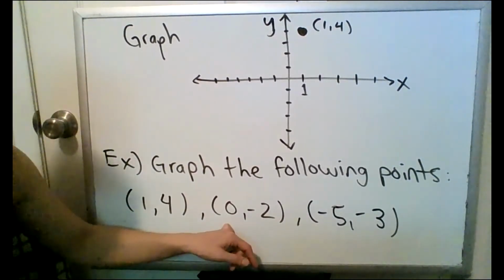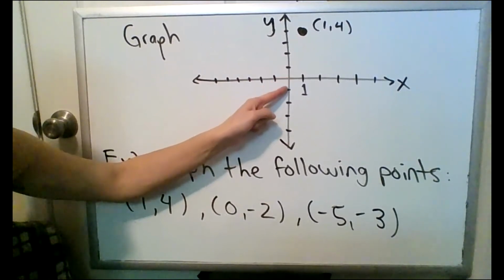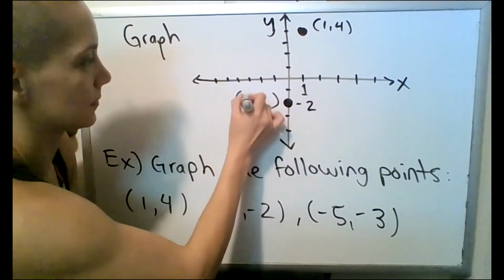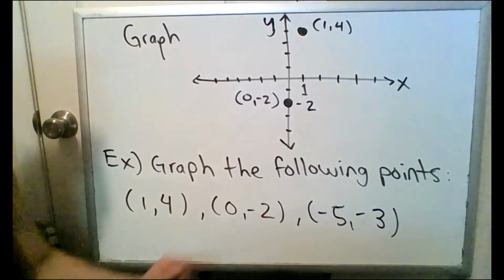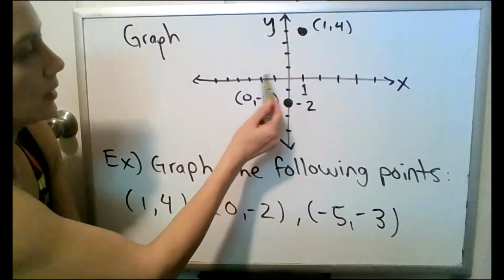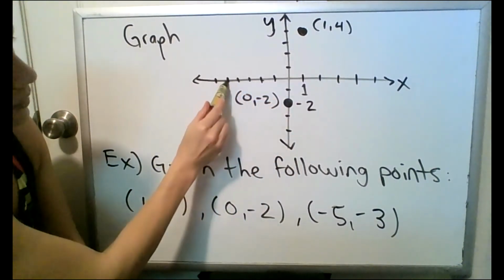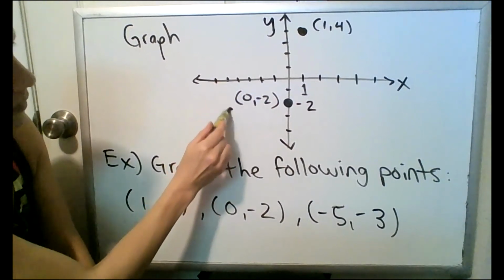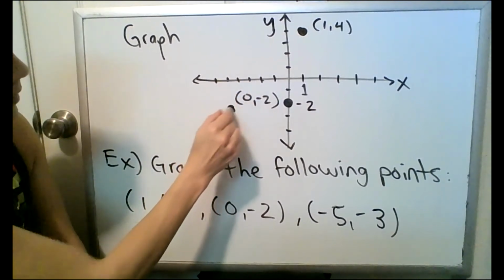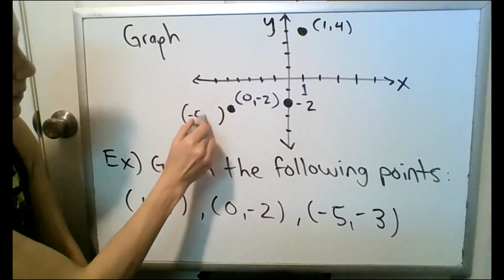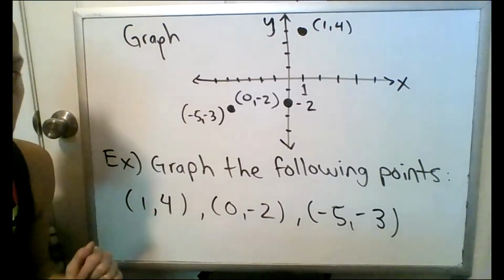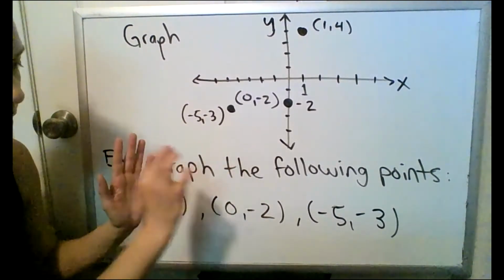Next point is (0, -2). So we're going 0 for x, and then down 2 for y. Then for -5 in the x direction, -3 for y. 1, 2, 3, 4, 5, and then down 3, 1, 2, 3. So it's just a pretty good sketch. It's nicer on your homework where it's very accurate on the grid.